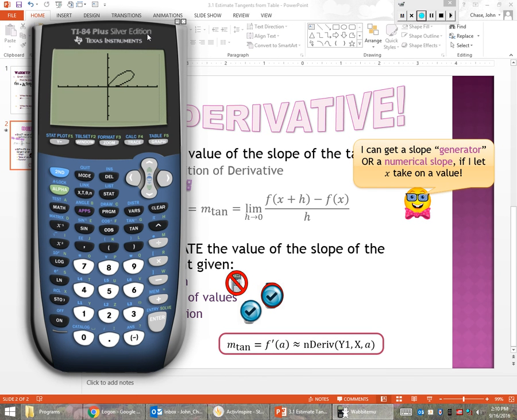Okay. So go ahead and actually, why don't we put in y1? You wouldn't have to do this, but I think just for the sake of this discussion too, it might be helpful to have this in y1. What was it? X divided by x plus 3. Okay. So do that.